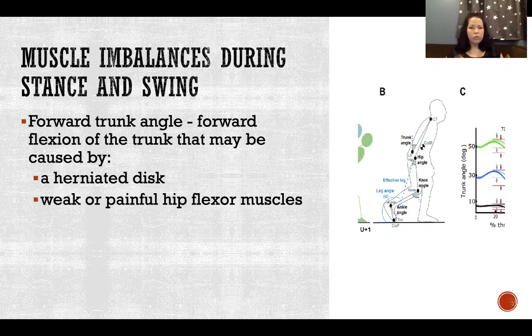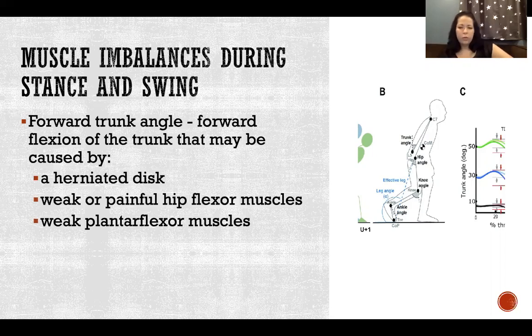So again, we move on top of the muscles that are weak, and our hip flexors are in the front, so we'll lean forward. It could also be painful hip flexor muscles, so it might hurt for them to be more extended if we're leaned back, so we'll lean forward into a shortened position. Weak plantar flexor muscles, and that's harder to explain.